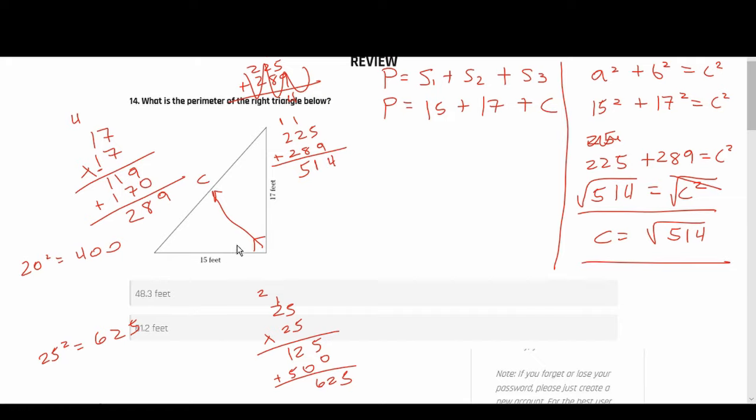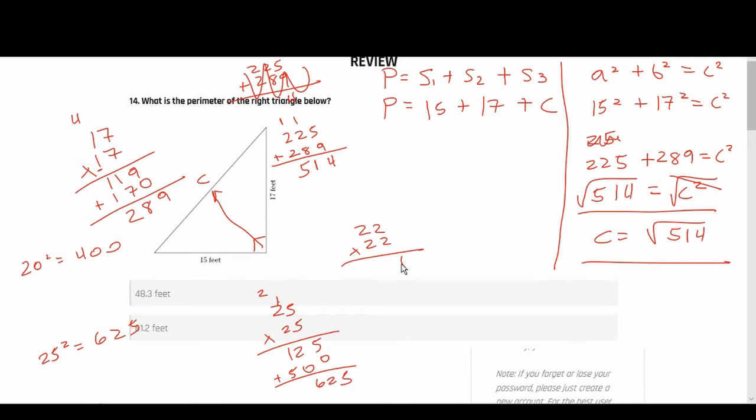So if I wanted to estimate this answer, I can plug in, let's say, 23 as my C, and then use that to find the closest answer choice. Now if I wanted to whittle this down even further, I can find what 22 squared is.